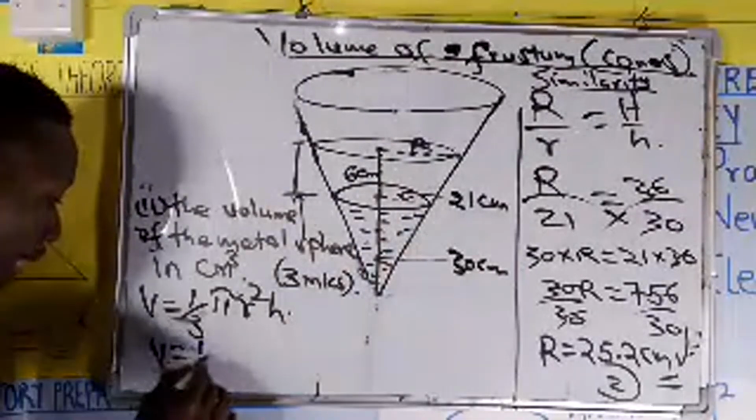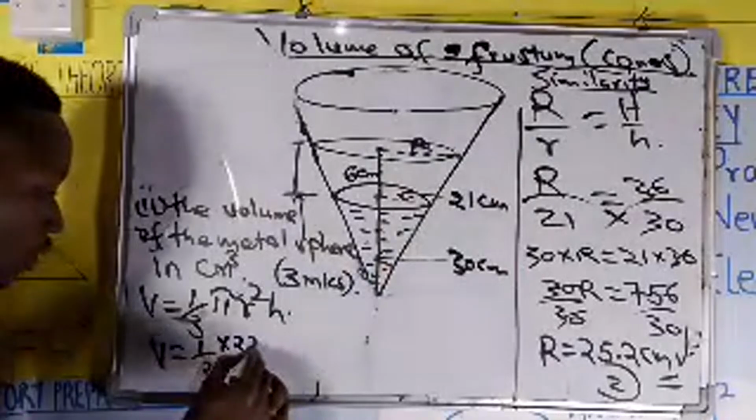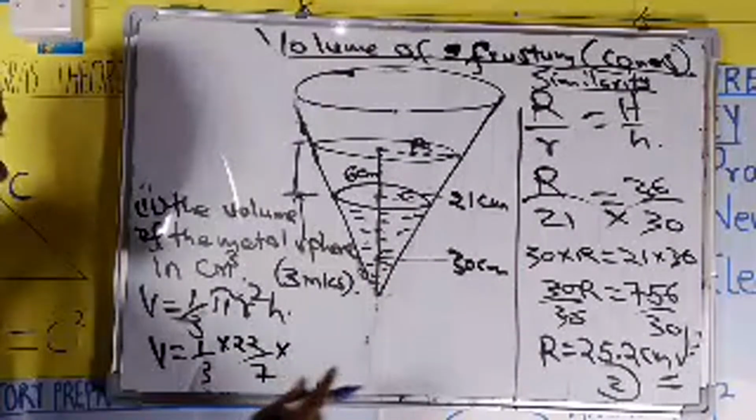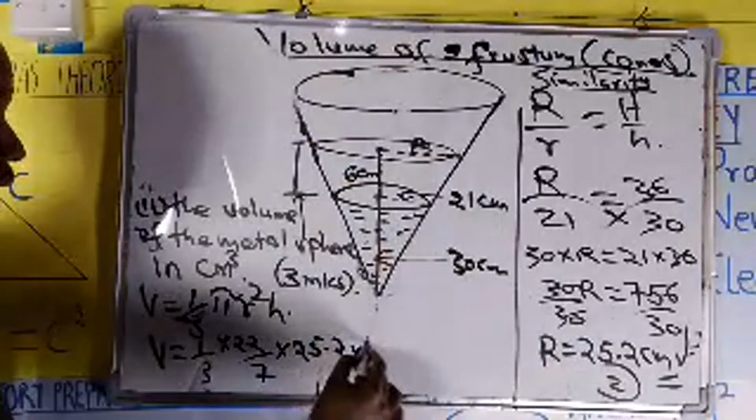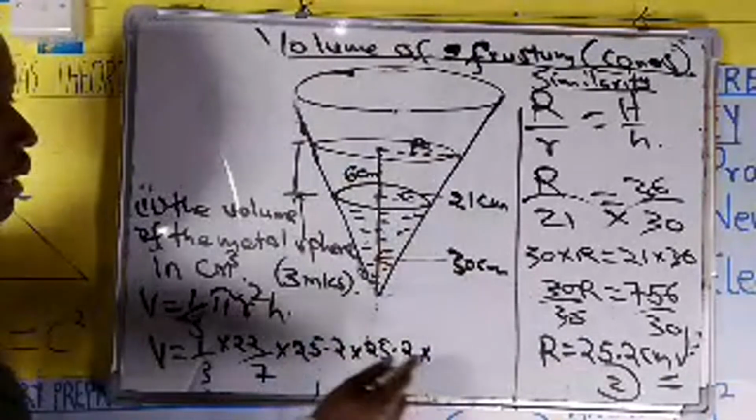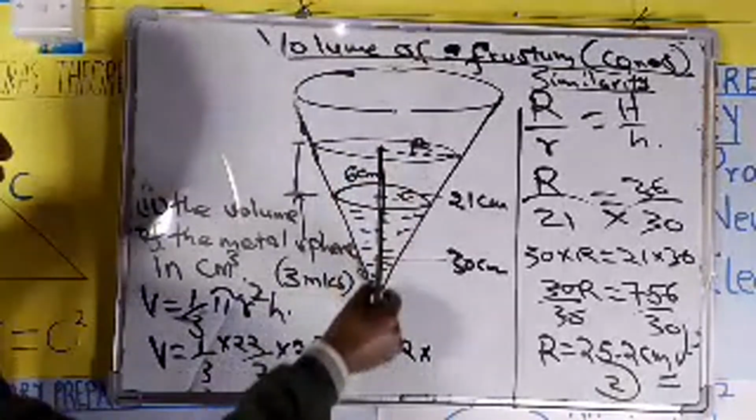So the volume is going to be a third times 22/7 times our new radius 25.2 times 25.2 times the height ya yote ni 36.